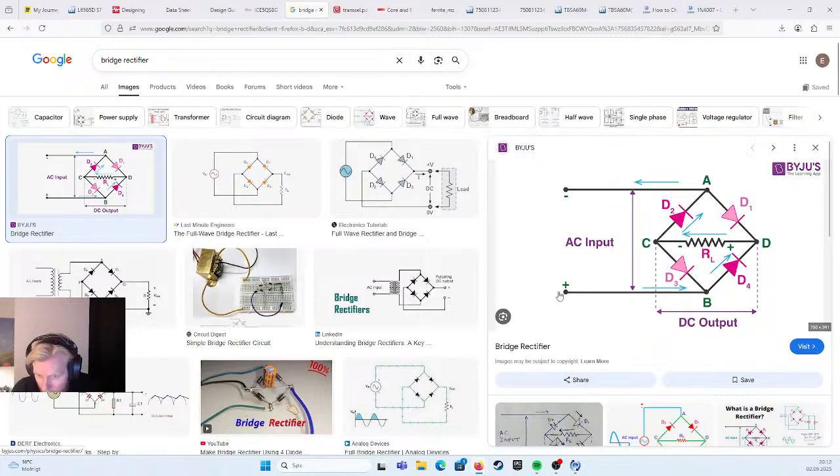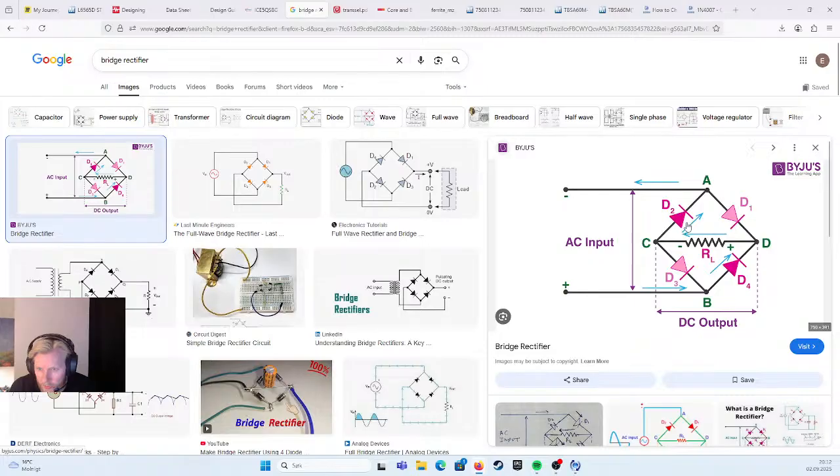So the input, positive, negative, DC output. Here, yeah, I guess. So this would be ground. This would be DC. Yeah, here, plus minus.